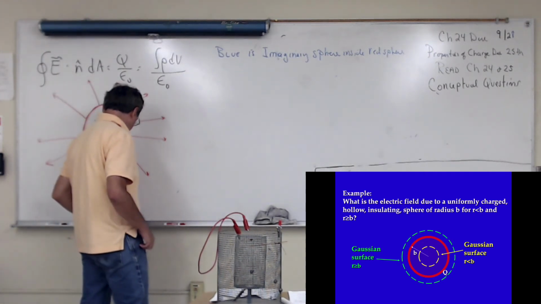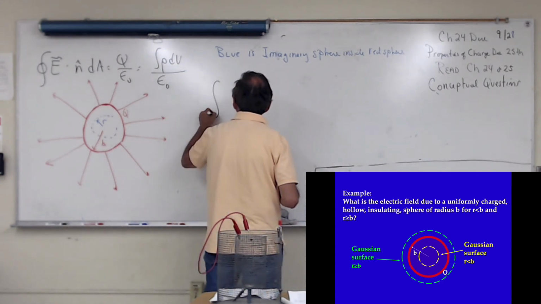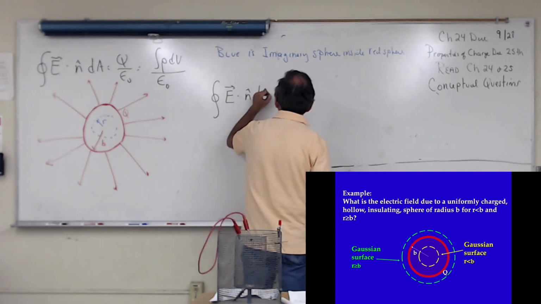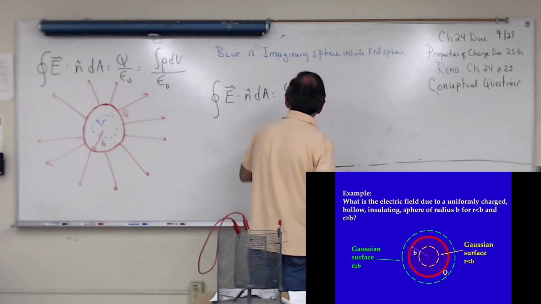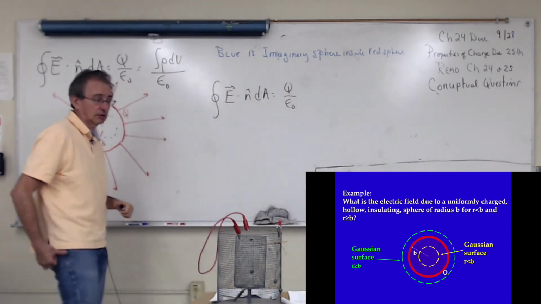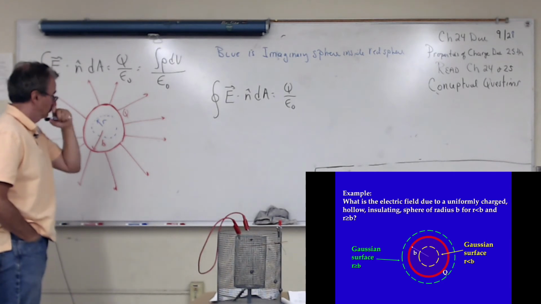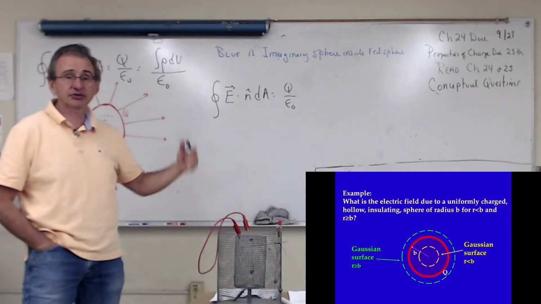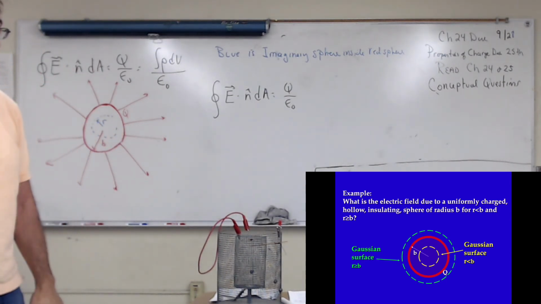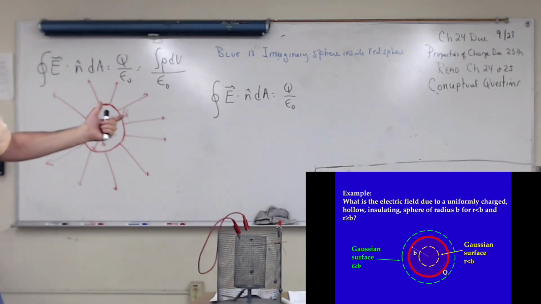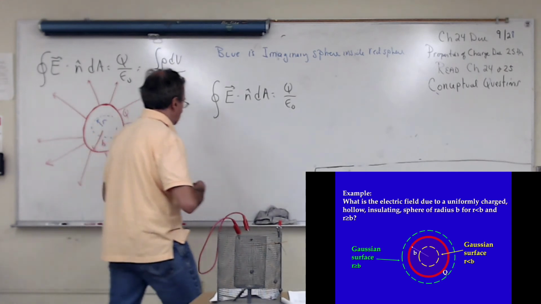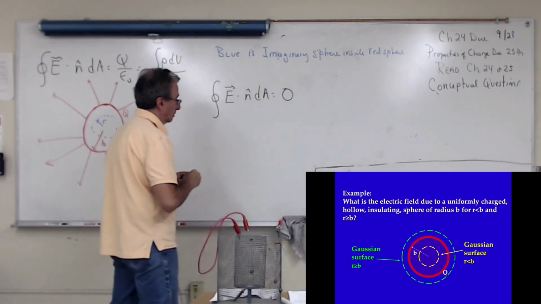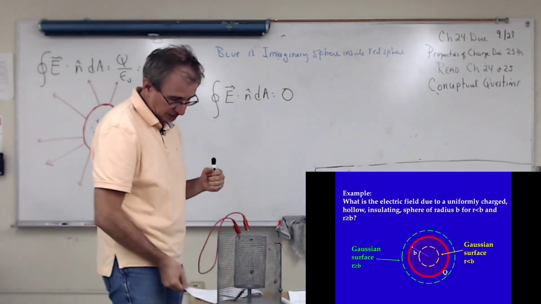Okay. I'll take the integral of E dot n dA equals Q over epsilon naught. What's Q inside? How much charge is inside the sphere? None. All the charge is on the surface of the sphere. So this is equal to 0 in this case. So that integral is equal to 0.